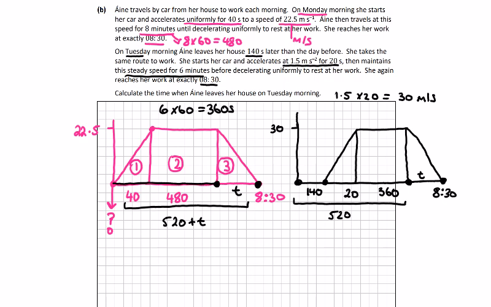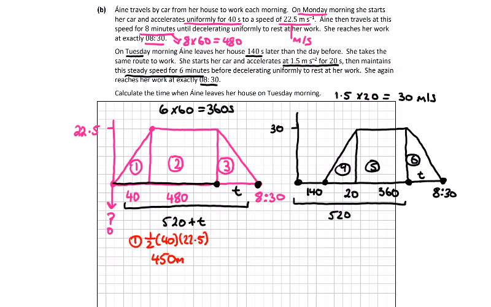So we can get an expression for area with different sectors, because the distance travelled is the same. So let's get number 1. Number 1 is half the base by the height. So 22.5 by 40 is 900, by 2 is 450.